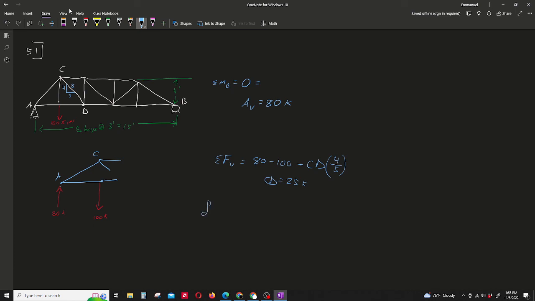And so for our elongation, we have PL/AE. P is 25. L being 5 multiplied by 12 because it's in inches. A being 2.5.